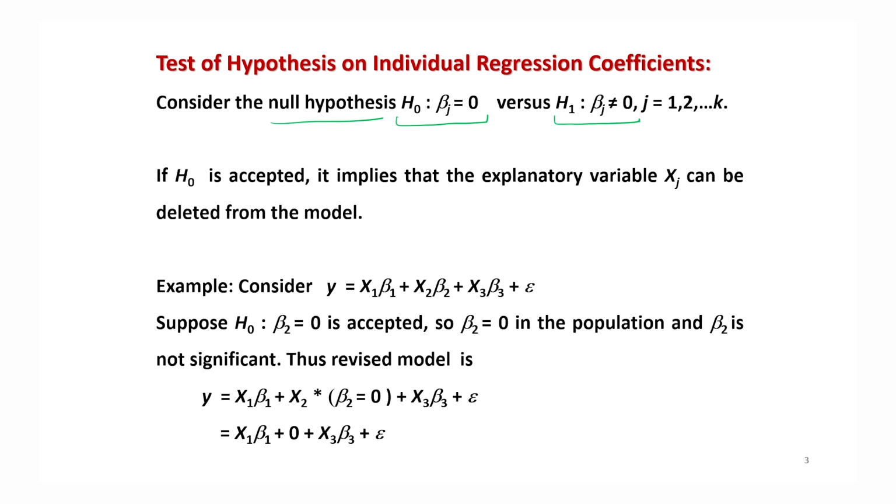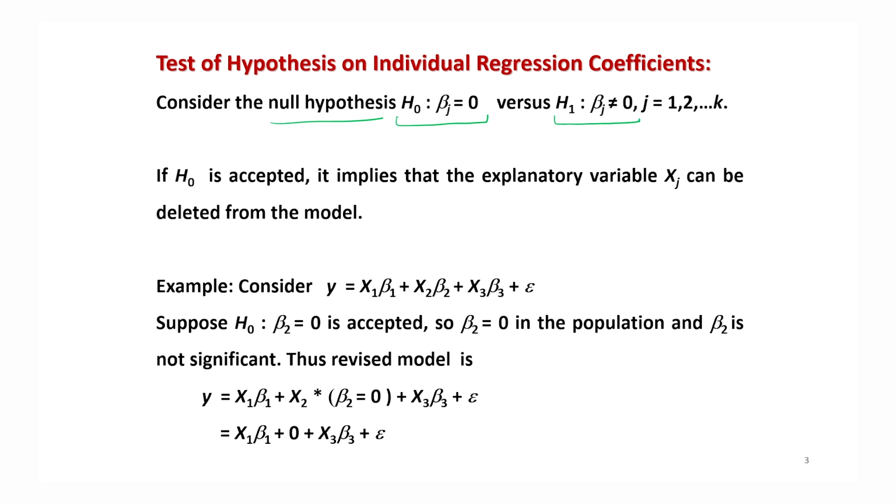I would like to consider the test of hypothesis for individual regression coefficients, for all of them including beta 0, beta 1, beta 2, beta 3, etc. But before that, how are you going to take the conclusion? How are you going to interpret the outcome of the test of hypothesis?